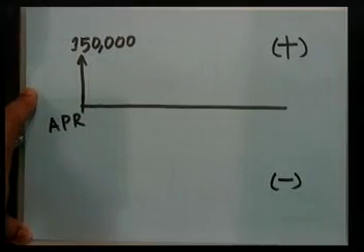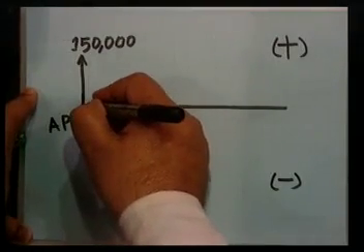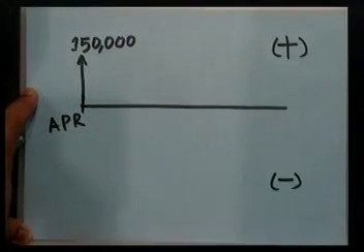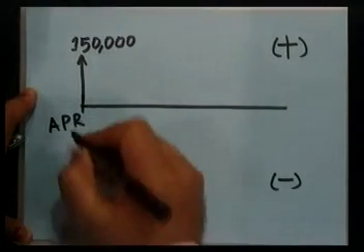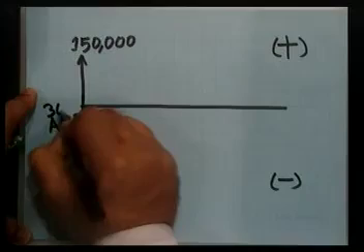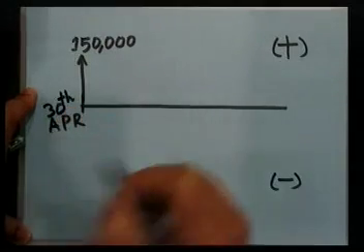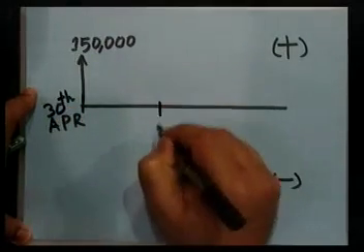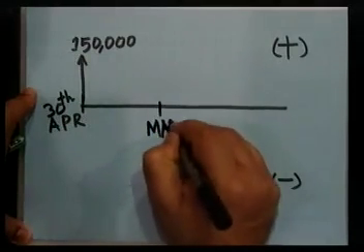Since 150,000 is being received by me in the month of April, I am writing it at the end of April. Now, even though this has taken place on 5th April, I am assuming that this is occurring on 30th of April. 30th April. Let's say this is May.